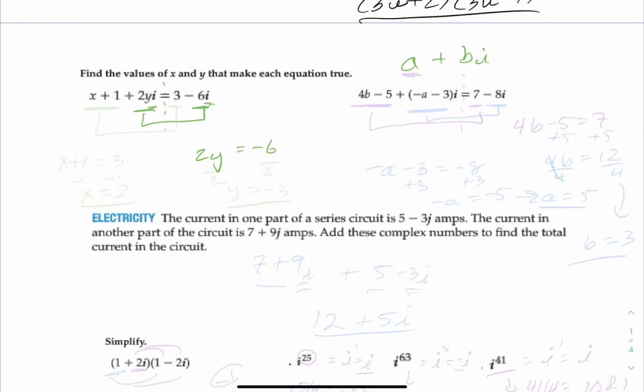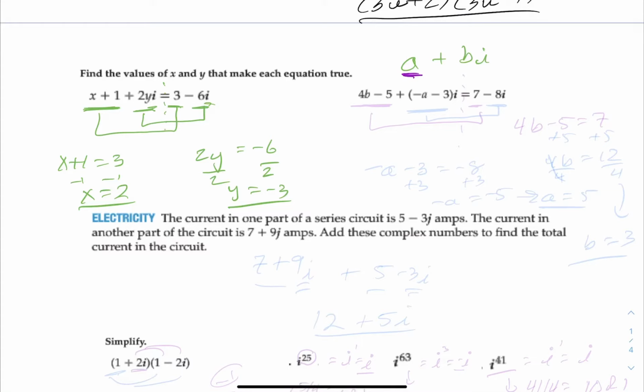And the real part, the part without an i, has to match the real part here. So x plus 1 has to equal 3. Then I solve it. x equals 2, y equals negative 3.